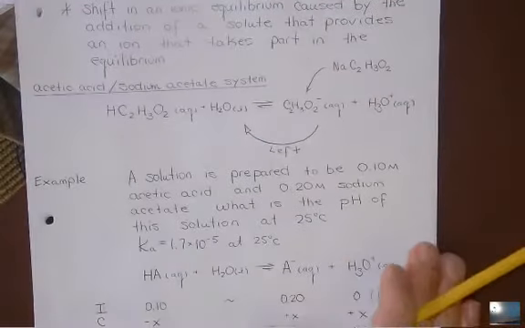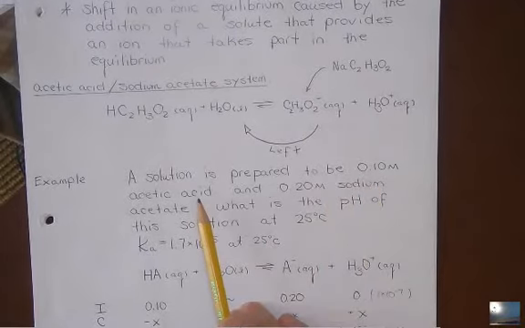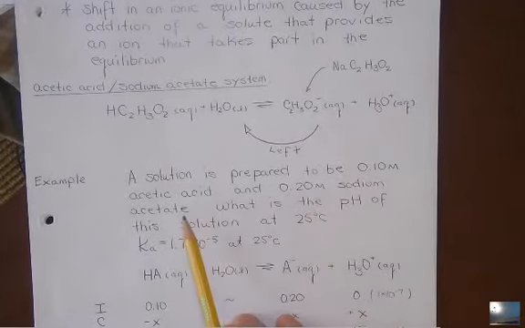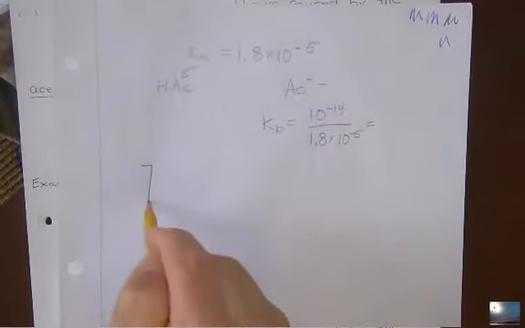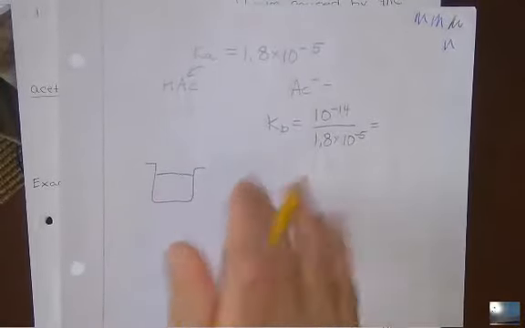So here's our first example. We have a solution that's prepared to be 0.1 molar in acetic acid and 0.2 molar in sodium acetate. Think about the scientist who's making up the beaker. Let's say you were going to make a 1 liter solution at the end.